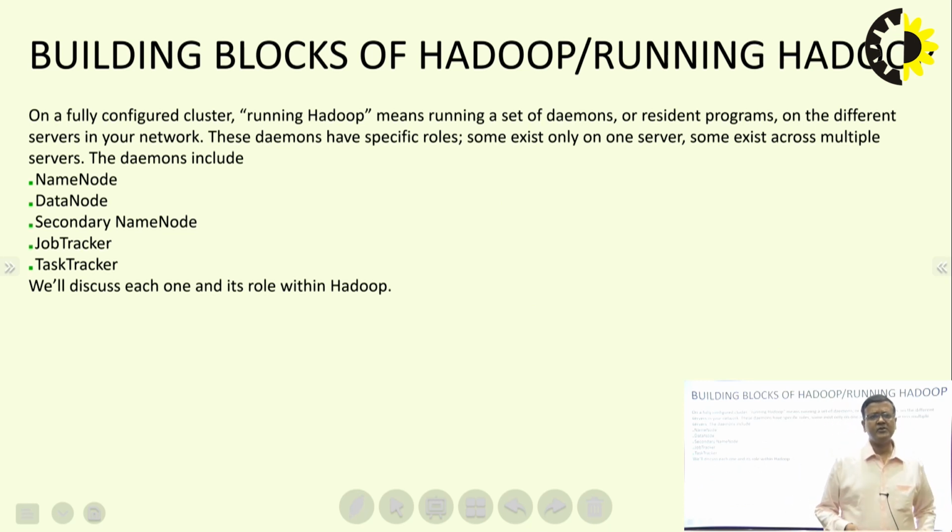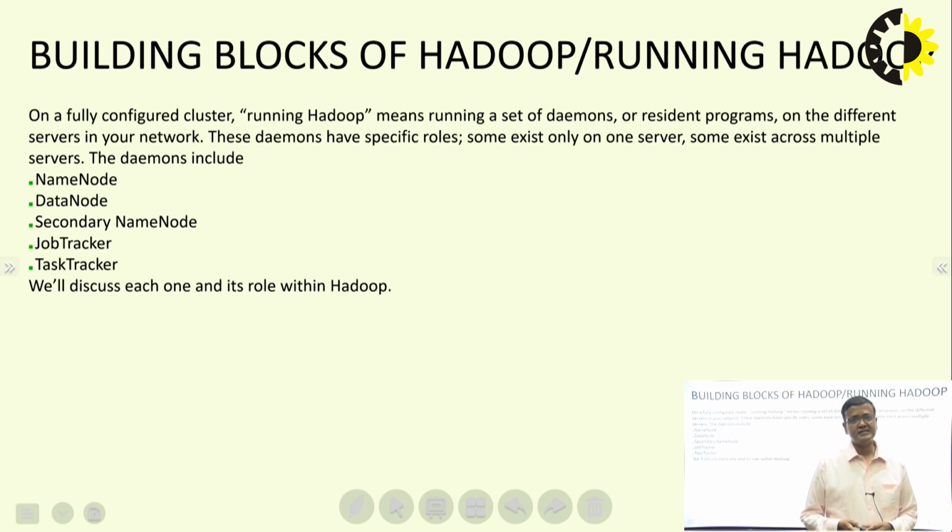Now coming to the building blocks of Hadoop. By building blocks of Hadoop, we mean what it means to run the Hadoop framework on a commodity machine or a cluster of nodes. So the building blocks of Hadoop are basically your background processes, which are the daemon processes, which run on the various servers.